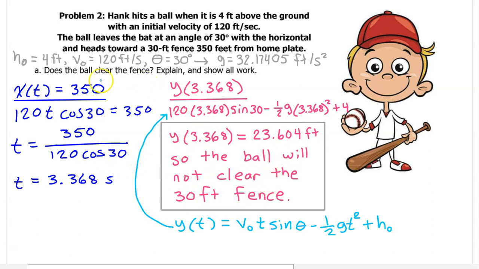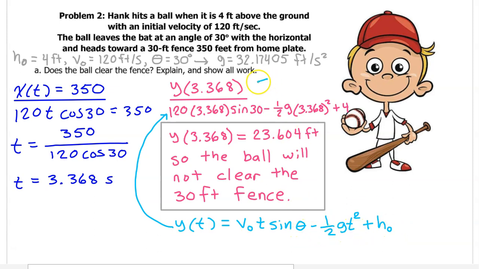By the way, on the AP exam, once you have defined your variables, you are allowed to use those variables in your work. So instead of writing down this expression, I could have written this blue expression in its place. We have defined V0 and theta and G and H0.